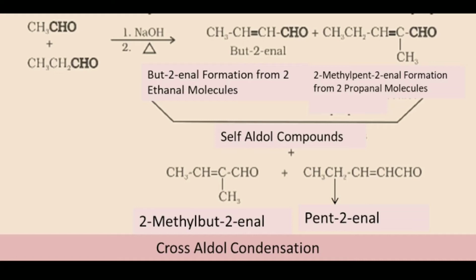In this, the NaOH catalyst is used on heating, which gives the formation of two ethanal molecules and two propanal molecules, which are the self aldol compounds, and the cross products, which are 2-methyl 2-butenal and 2-pentenal molecules.